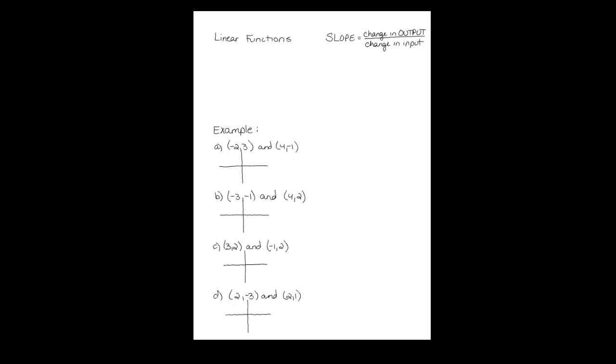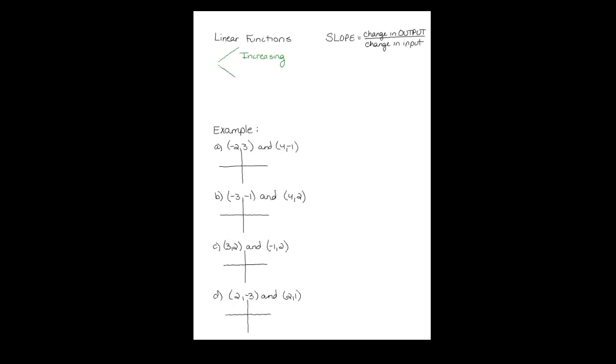In this chapter, we are going to be focusing on a specific type of functions, linear functions. Now, the most basic definition of a linear function is that the graph of a linear function is a straight line. It can be an increasing line, like this one, increasing.